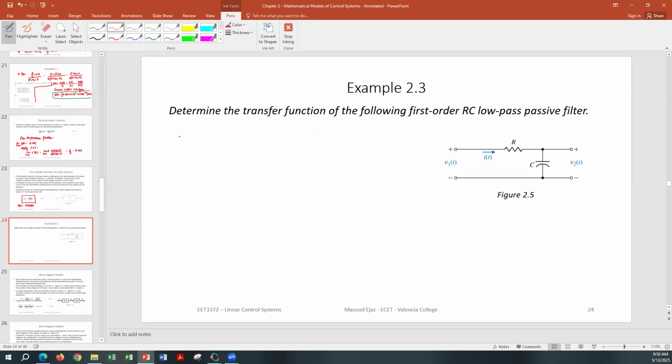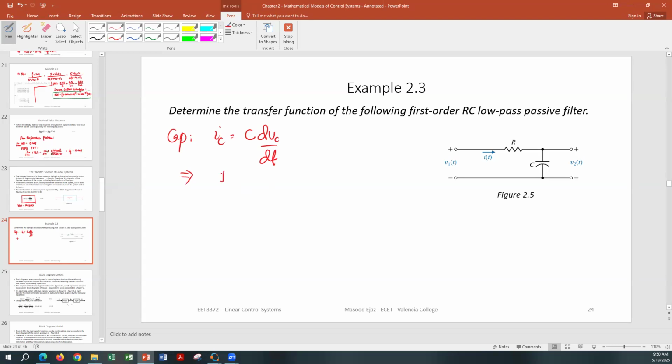And those we can figure out using the basic relationship of inductor and capacitor. The current of the capacitor is given by C dVc over dt. We all know this. And we apply the Laplace transform on this, assuming that the capacitor was completely discharged initially.